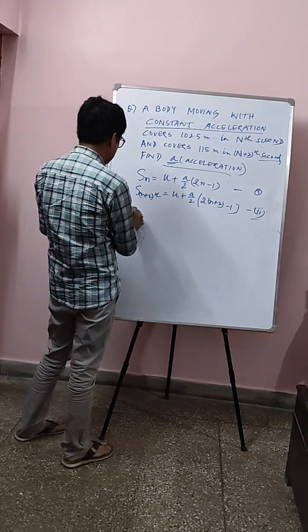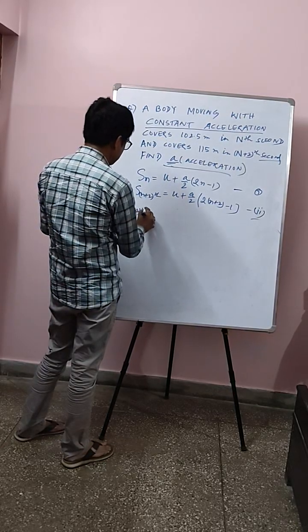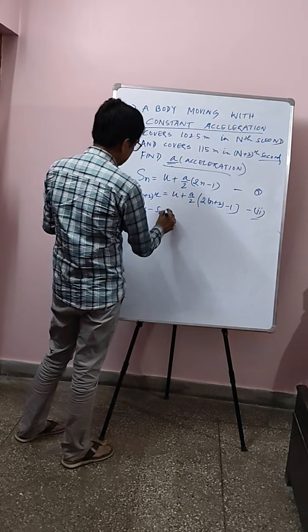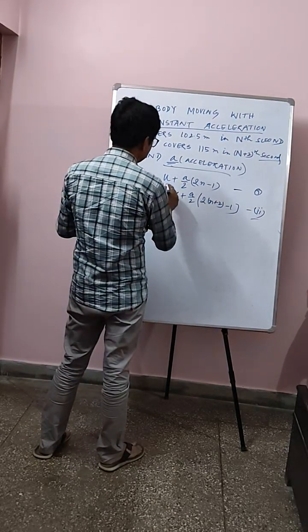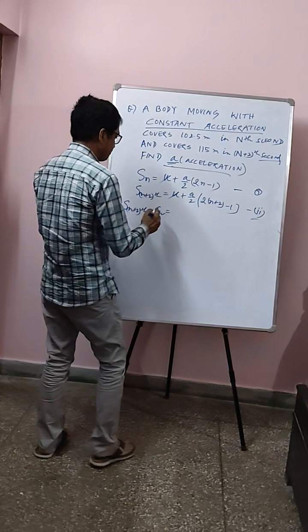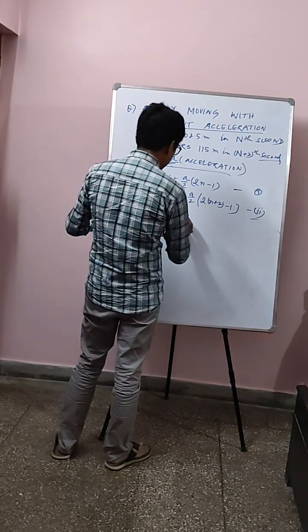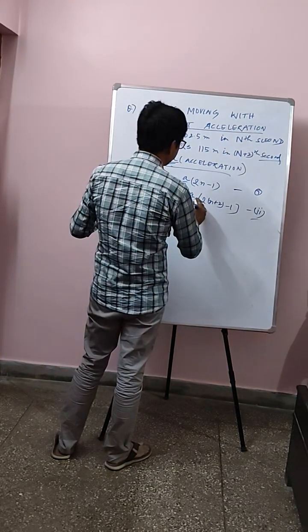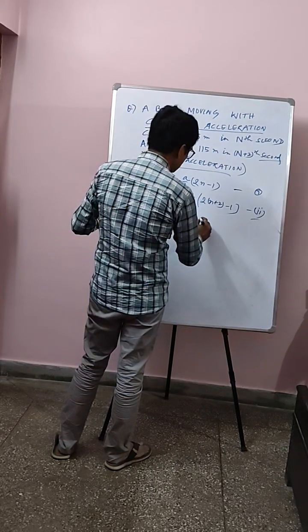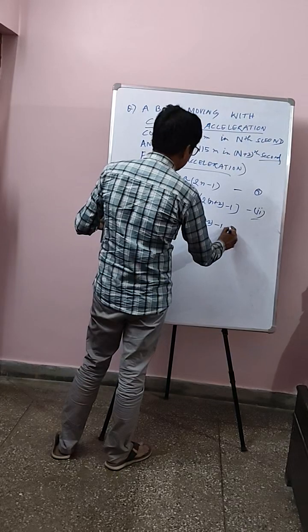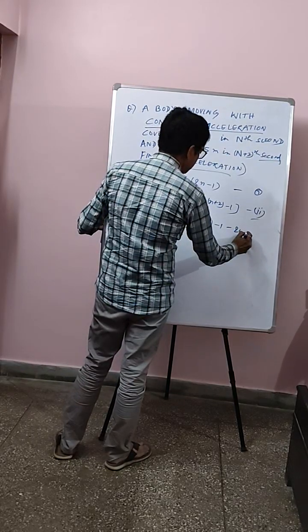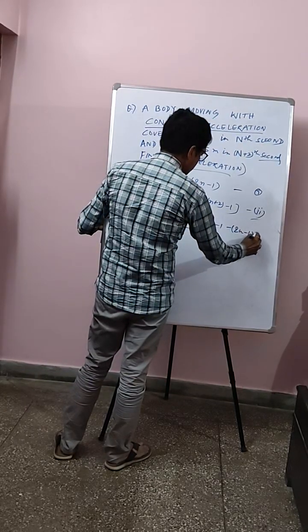So S(n+2) minus Sn equals, u cancels, a by 2 we take common, into 2(n plus 2) minus 1 minus (2n minus 1).